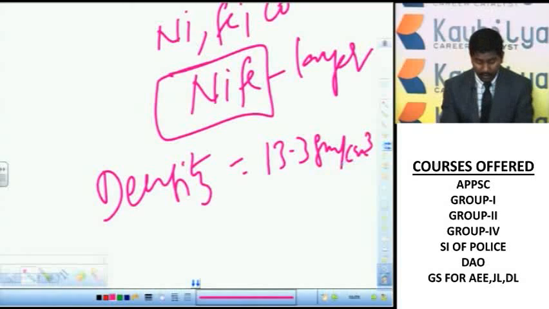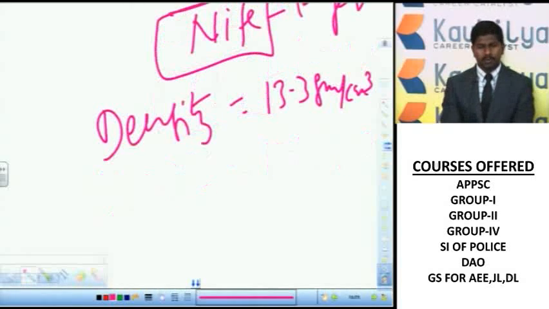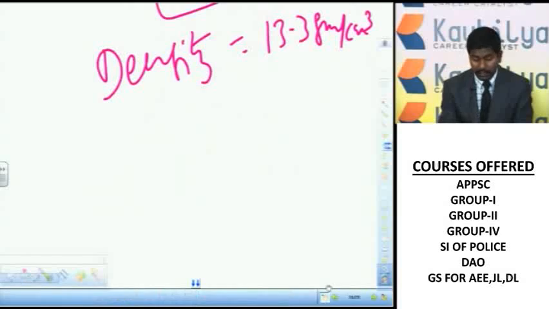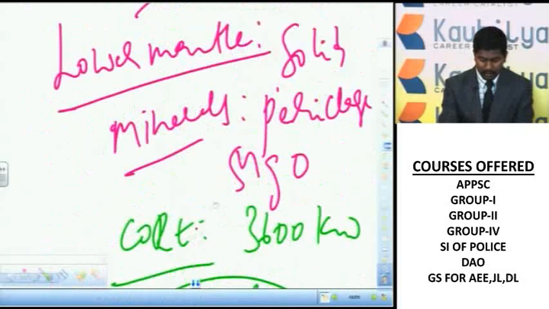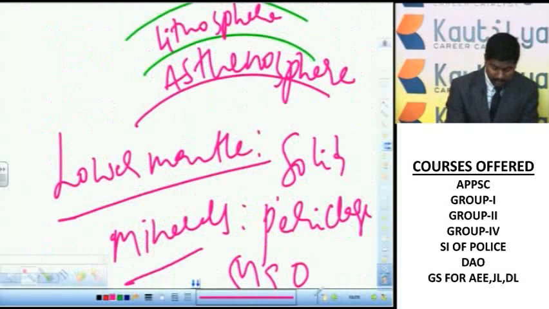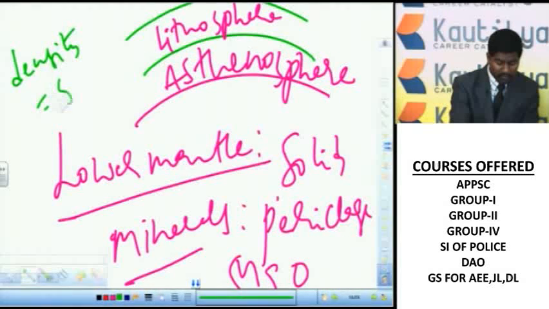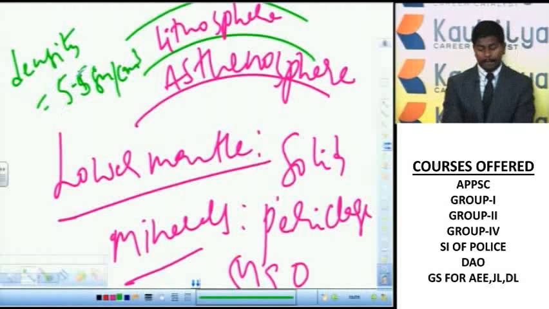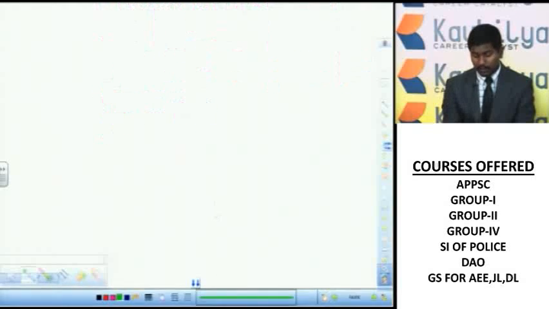But I told you the density of the crust is up to 2.2 grams per centimeter cube, and the density of the mantle, both the lower mantle and the upper mantle, is up to 5.5 grams per centimeter cube. So the mantle is a medium dense material, but the core is a heavy dense material, 13.3 grams per centimeter cube.